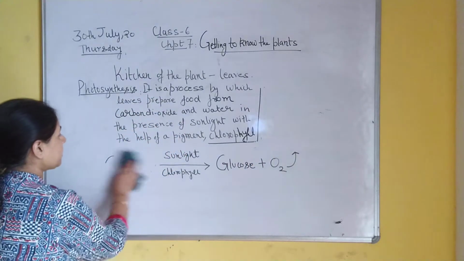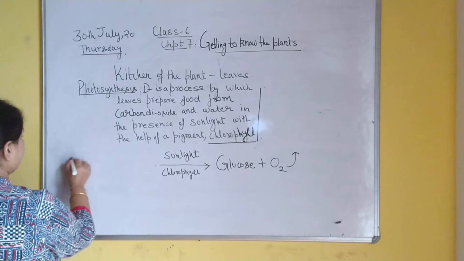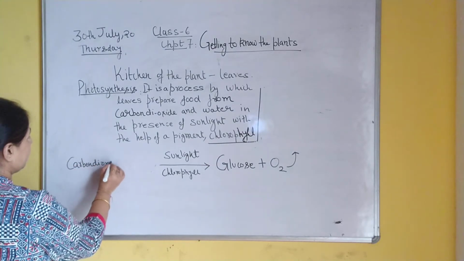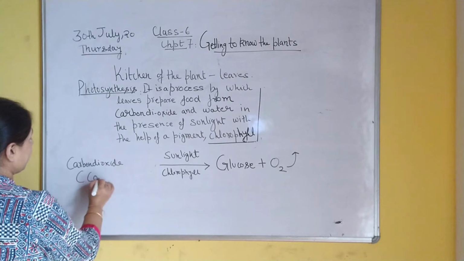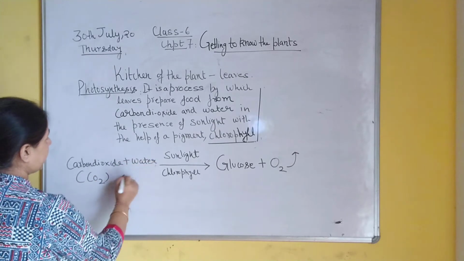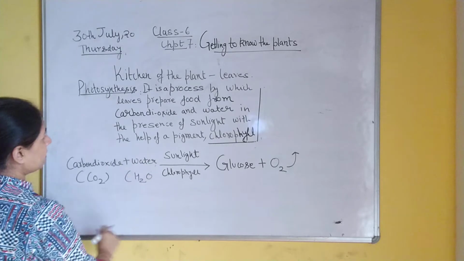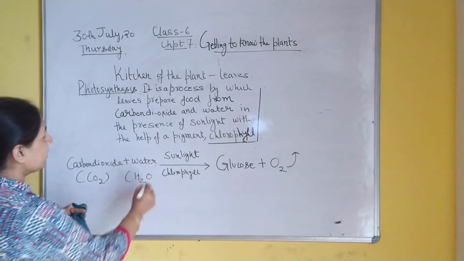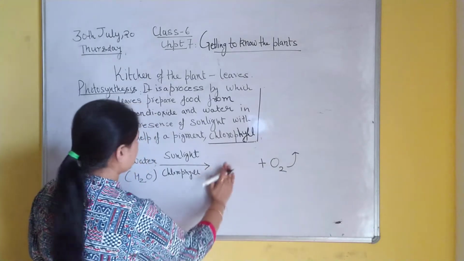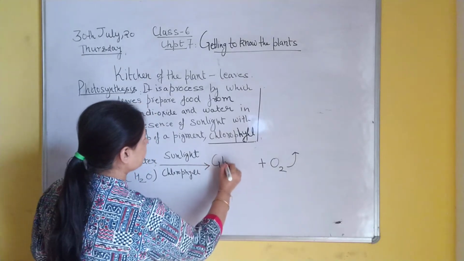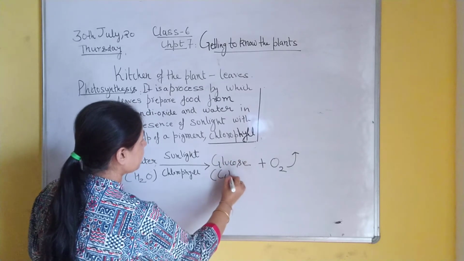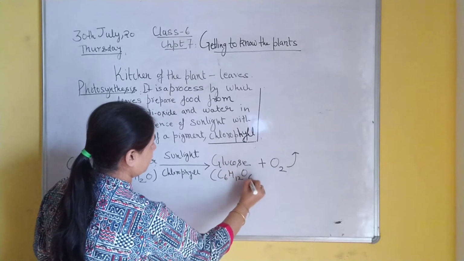So I will just rewrite it: carbon dioxide, which is represented as CO2, plus water, which is represented as H2O, in the presence of sunlight with the help of chlorophyll, manufactures glucose which is C6H12O6.